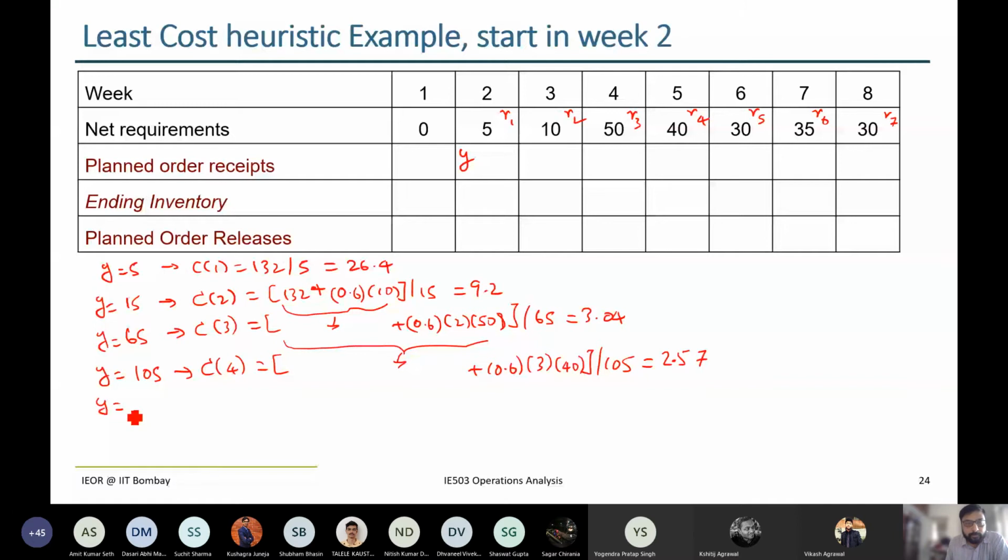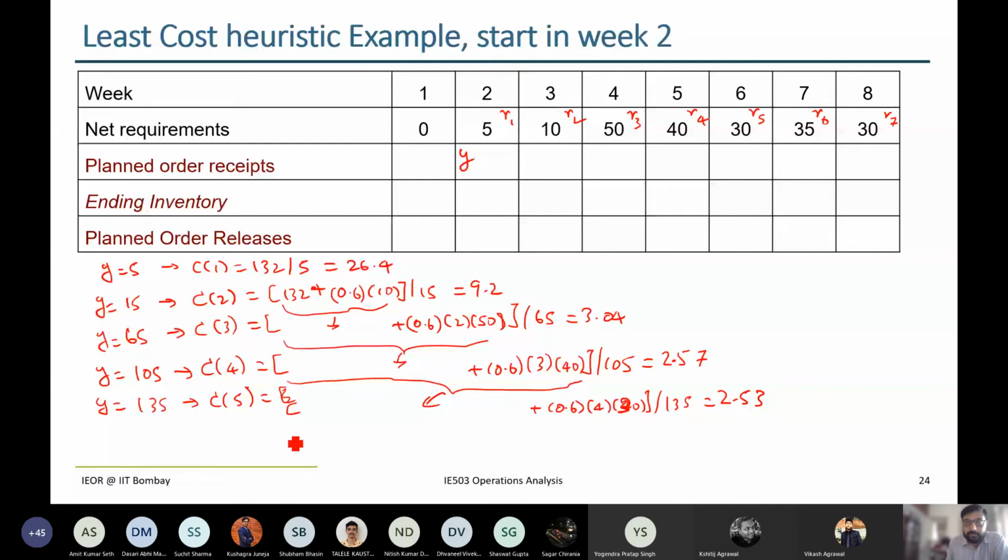Then C of 5 comes out to be this plus 0.6 into 4 into, sorry, into 30, divided by 135, which comes out to be 2.53. Still the stopping condition is not met.